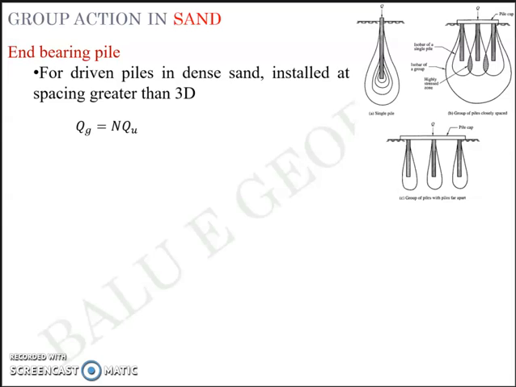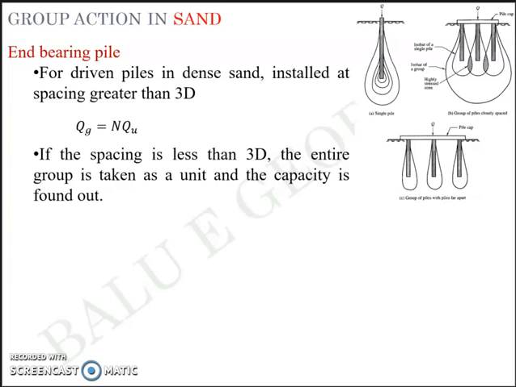Now, if the spacing is less than 3 times the diameter, the entire group is taken as a single unit and the capacity is found out. So when it's at a spacing greater than 3D, you go for this method, and if it's less than 3D, the entire group is considered as a single unit.